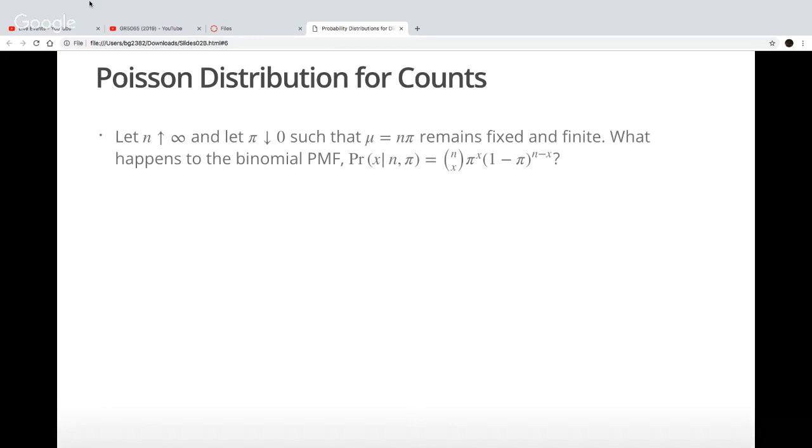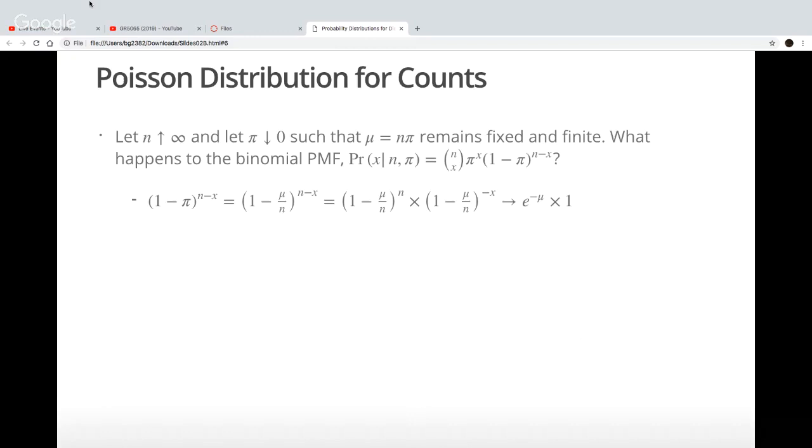So what happens under this limiting process to the binomial probability mass function as we let n get big and pi get small? Well, (1 minus pi) raised to the n minus x can be broken up into 2 terms, the n and the minus x.